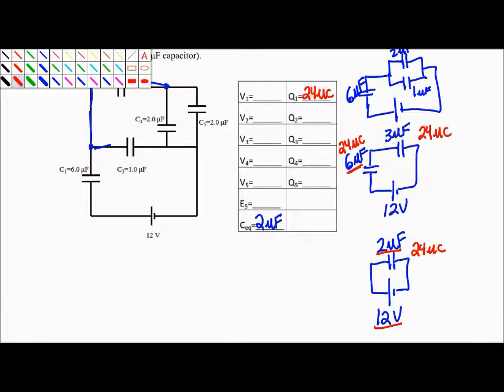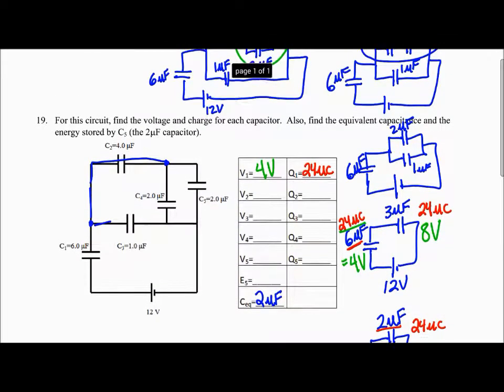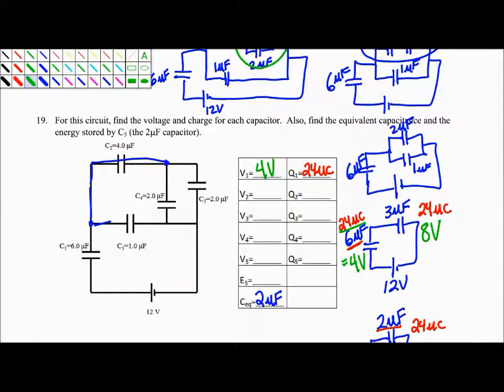And then I can also find V for these. V is Q over C, so I just divide these two, and that's equal to 4 volts. So here I have 4 volts, and over here I have 8 volts. Right, so if that's 8 volts, then I also have 8 volts here, and 8 volts here because they're in parallel.